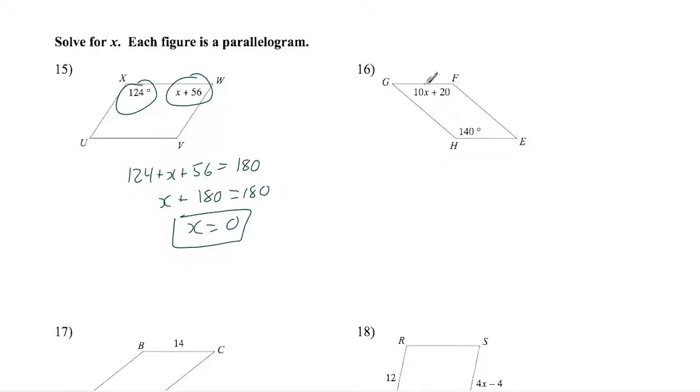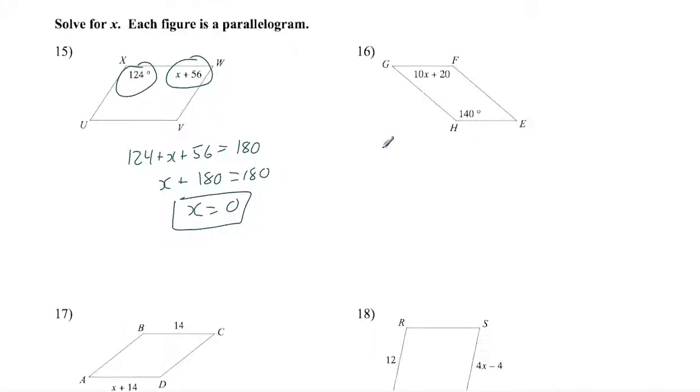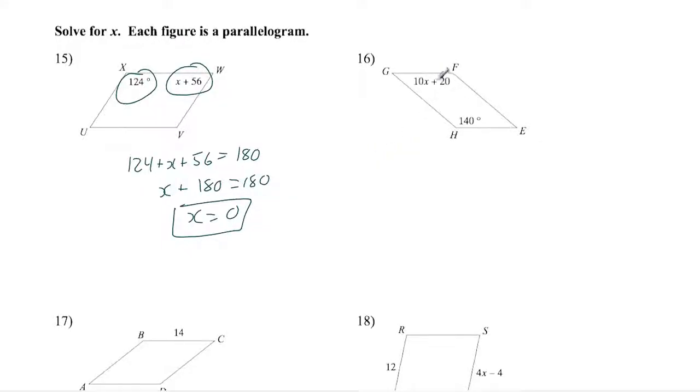Next up, this is a little bit tricky. This is a little bit ambiguous here. But it looks to me like this 10x plus 20 is this angle G. It is tricky to tell here.